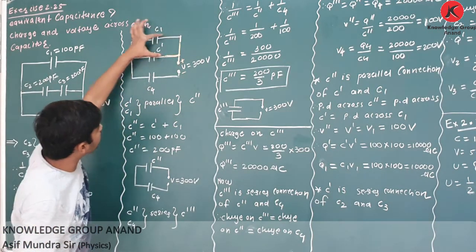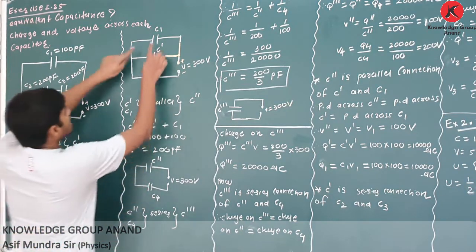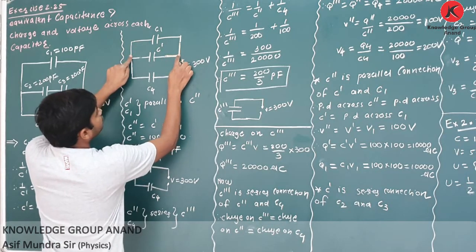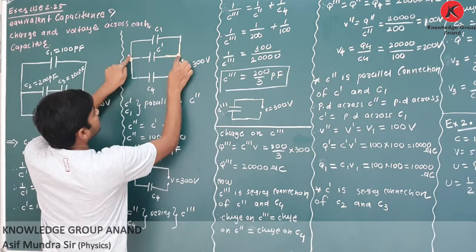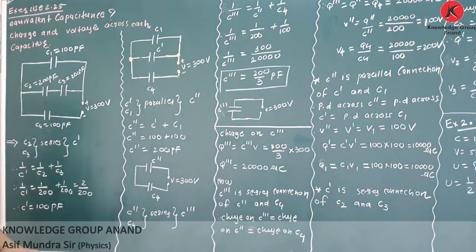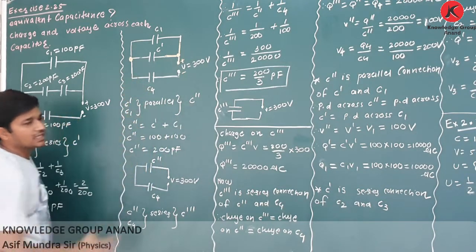So these 2 capacitors are in parallel connection. Or how to say, these 2 plates are connected between these 2 points, and this capacitor is also connected between these 2 points. Means C1 and C dash are in parallel connection, and let their equivalent be C double dash.